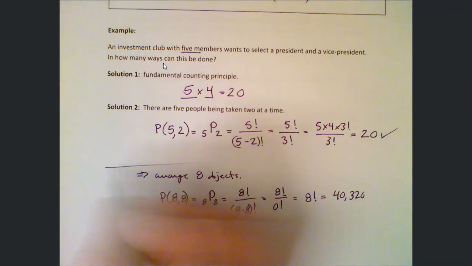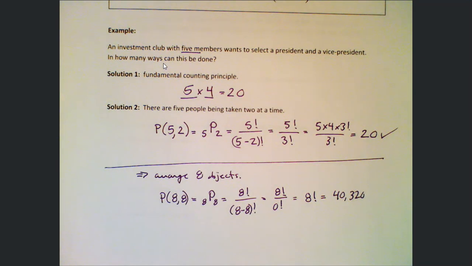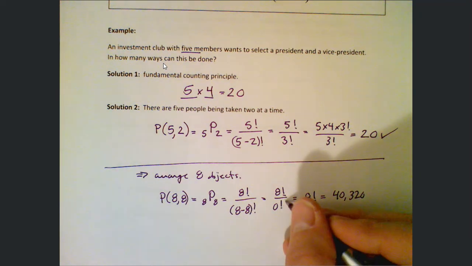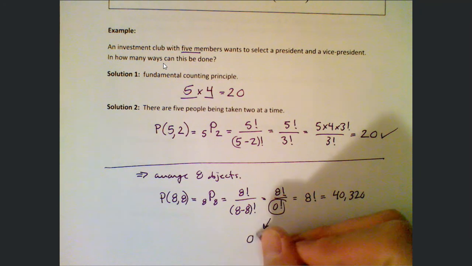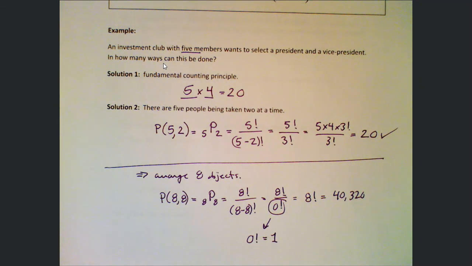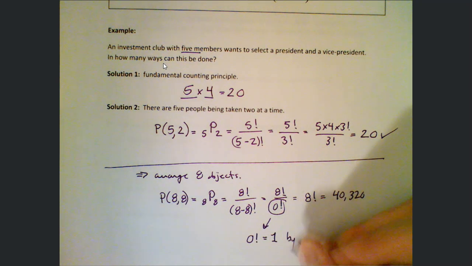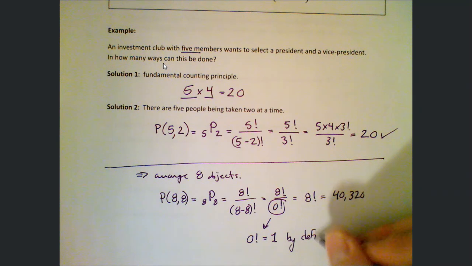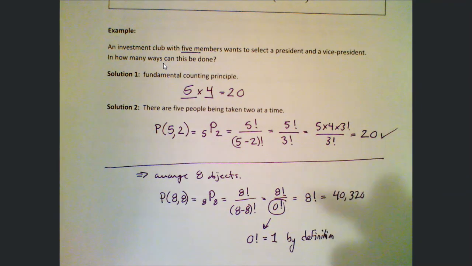Okay? That means that 0 factorial, by definition, must equal 1. So it's a little different than a regular 0, because typically you can't divide by 0. But 0 factorial is 1. Now what does this mean?